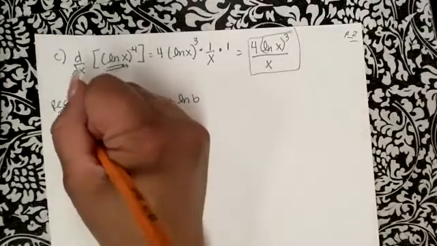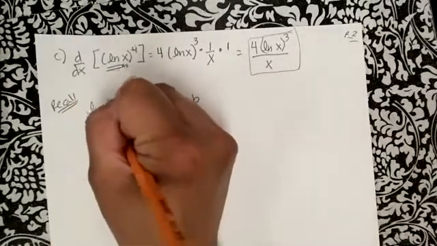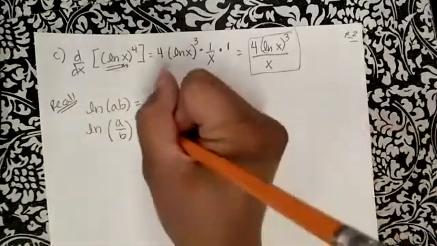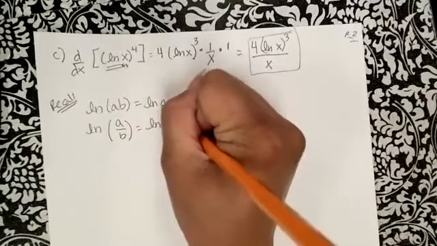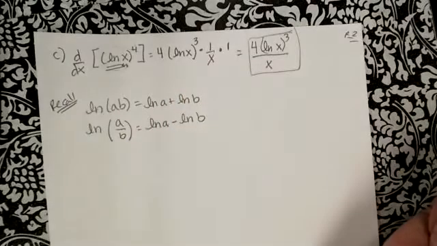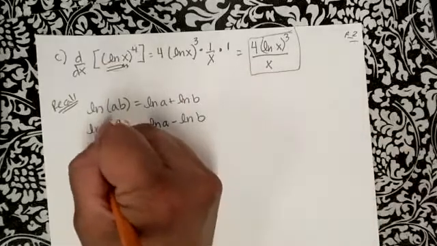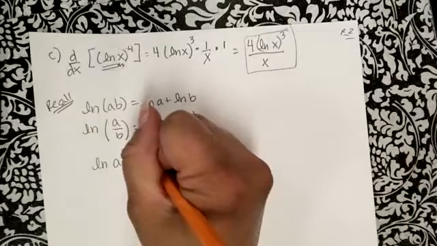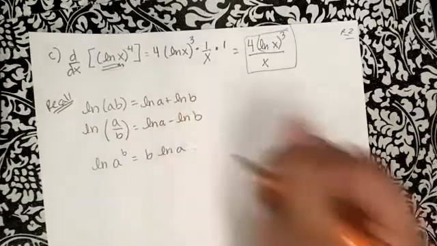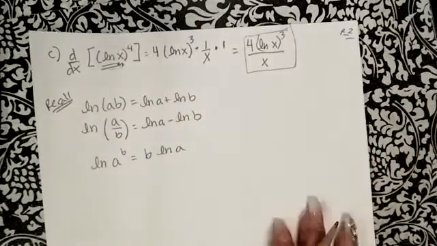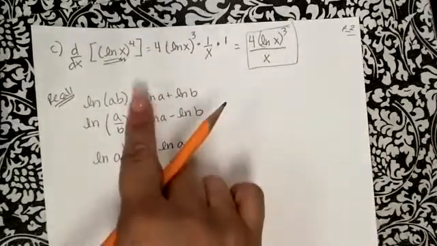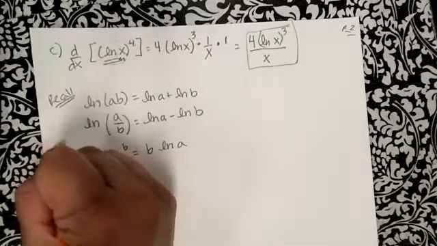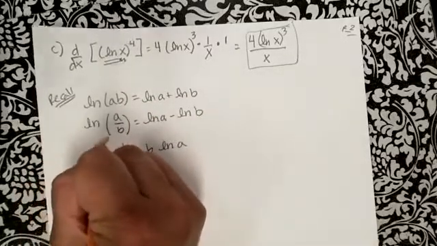If you have the natural logarithm of A over B, that's the same as saying natural log of A minus natural log of B. That is the quotient property of logarithms. And then the last property is if you have natural log of A raised to the B power, you move the B to the front, and that's B natural log of A. So we need to recall these properties from a previous math class.